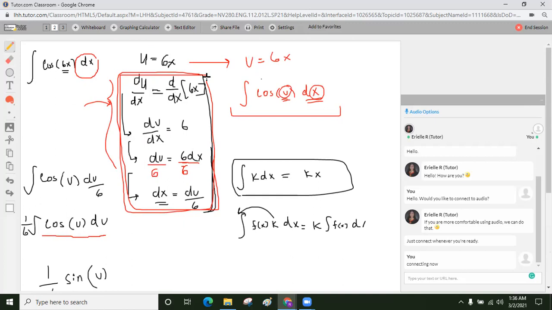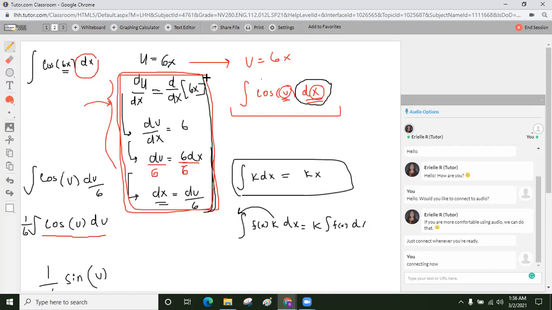Yeah, so that's also part of the reason why we find the derivative of u with respect to x, because we cannot work with integrating cosine of u while the differential that you have is with respect to x. So these are different variables.